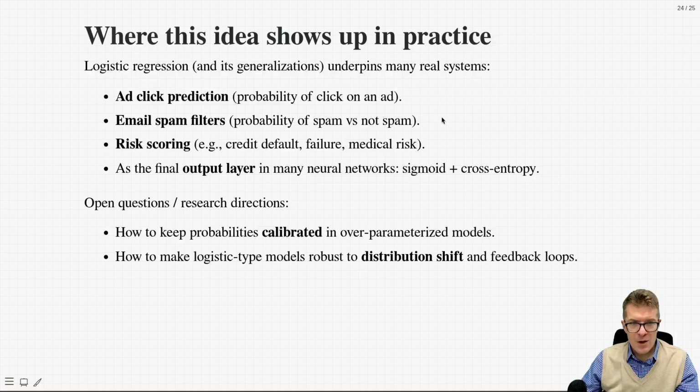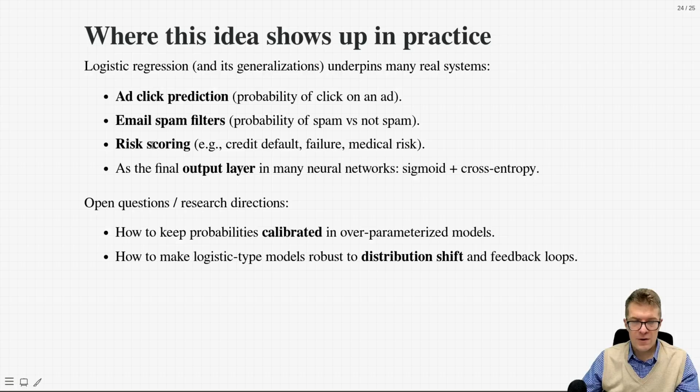Email spam filters are often based on logistic regression. Risk scoring, so whether or not you're going to default on your credit, whether somebody's going to fail or not in a class, whether someone's at risk or not of having a medical issue or diagnosis.